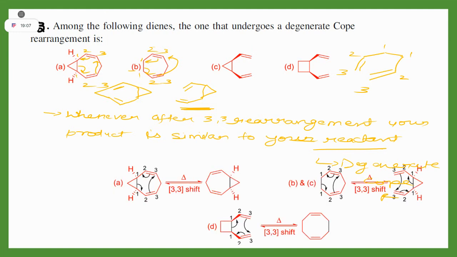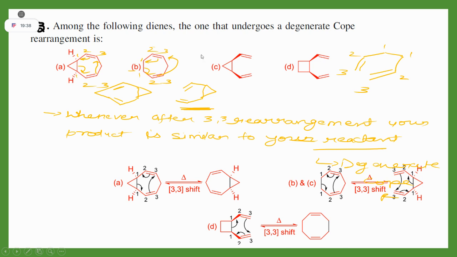So here is your answer. When we are treating A, we are getting a similar compound, right? So is A a degenerate Cope rearrangement or not? Yes, it is. In B and C, as I have told you, from this we are getting this product. These are not similar at all, and similarly C, because C on 3,3 sigmatropic shift will look like this.